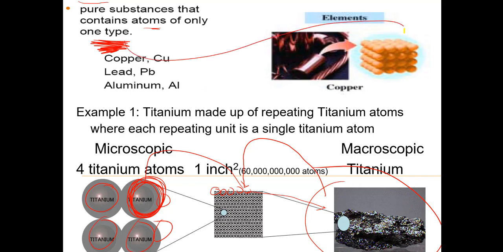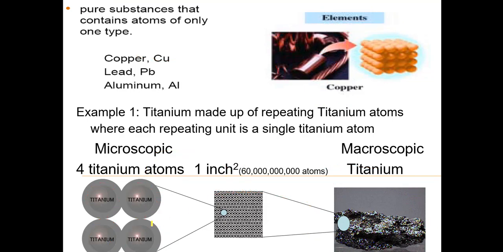So over here, copper is an element because if you were to look at its particles based on the color, they're all the same atom type. And consequently, it's an element. Titanium is made up of all of the same atom type. So therefore, it's an element.